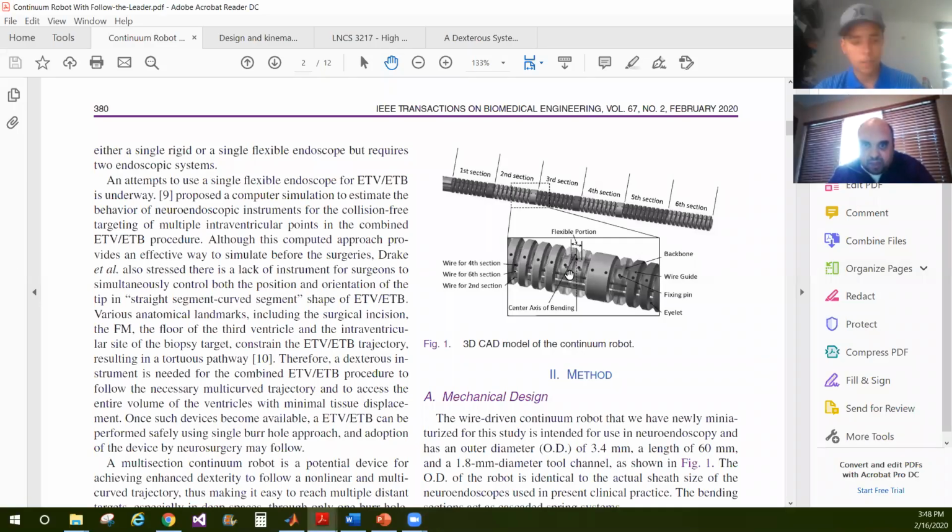Yeah, maybe we need to go back to the original paper again. Oh, there you go. It has it on the drawing. Let me share again. It says it right here.